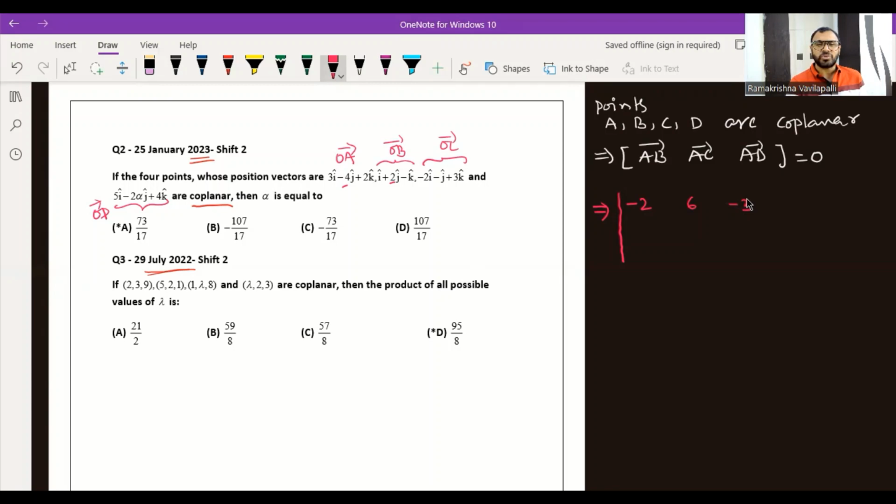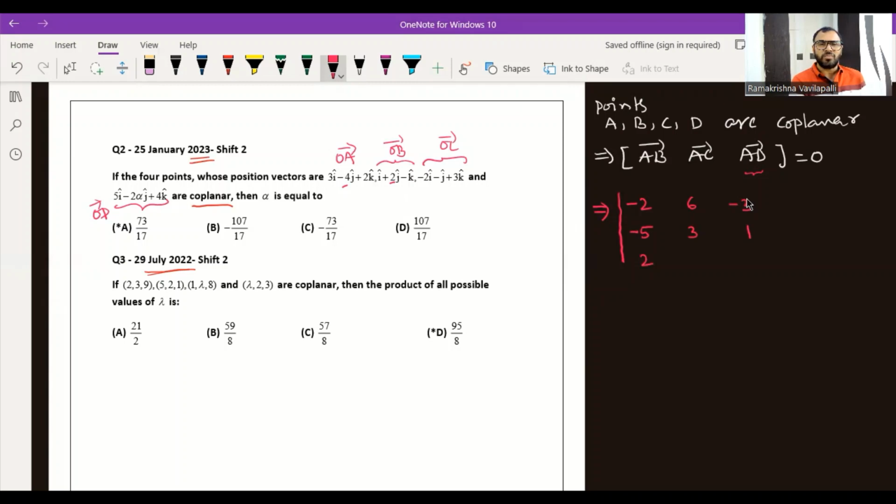So here minus 2, minus 3, minus 5, minus 1 plus 4. So plus 3, 3 minus 2, 1. And next AD bar vector means subtract OA bar vector from OD bar. 5 minus 3, 2.